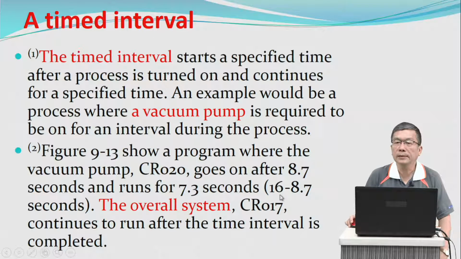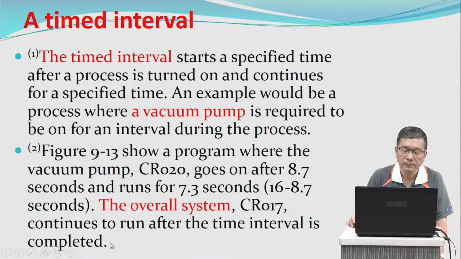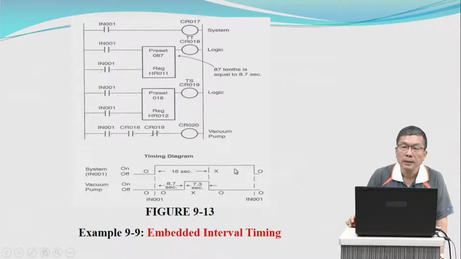That means that during the interval 16 to 8.7 seconds, the overall system's control relay 17 continues to run after the time interval is completed. This picture shows the time interval programming, the PLC program, the timing diagram.